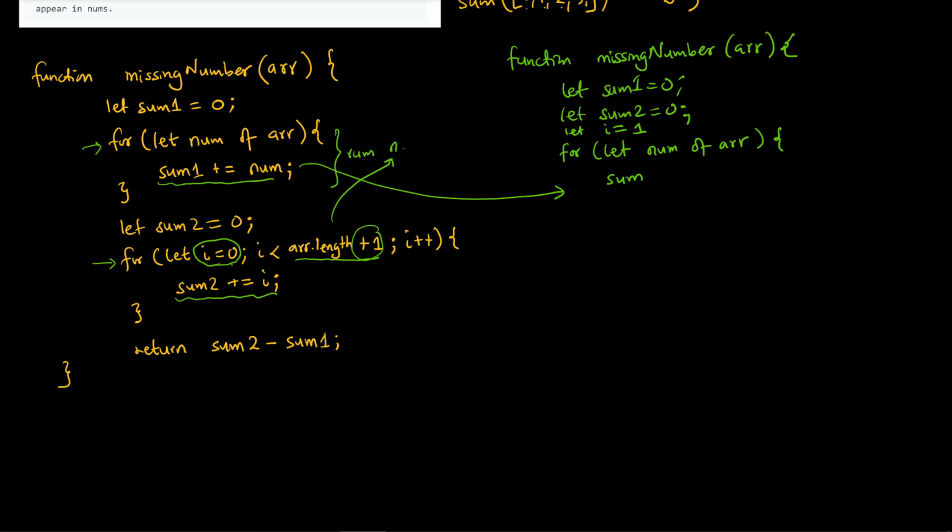So this will stay the same here, sum 1 plus equal num, and then we keep incrementing our I to the sum 2 plus equal I, and then I plus plus, okay, or I plus equal 1.